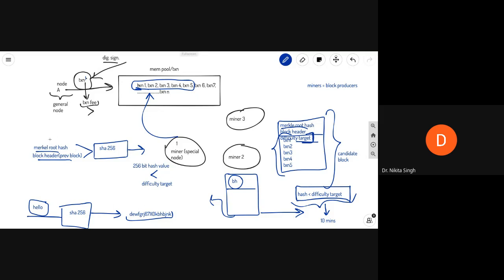So similarly, you will get the same hash value, no matter how many times you pass it through. So your hash value will not change every time. So what we need to do is, we need to add a number which is known as the nonce.